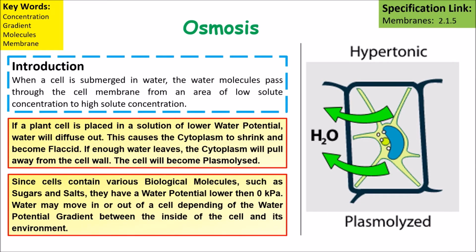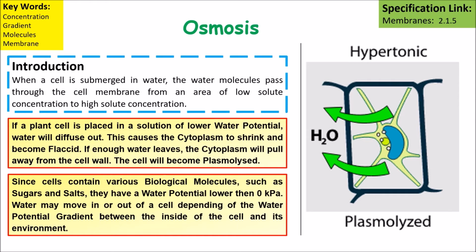So, when a cell is submerged in water, the water molecules pass through the cell membrane into the cell. If the cell is placed in a solution of low water potential, the water will diffuse out. This causes the cytoplasm to shrink and the cell to become flaccid. If enough water leaves, the cytoplasm will pull away from the cell wall and the cell will become plasmolysed.